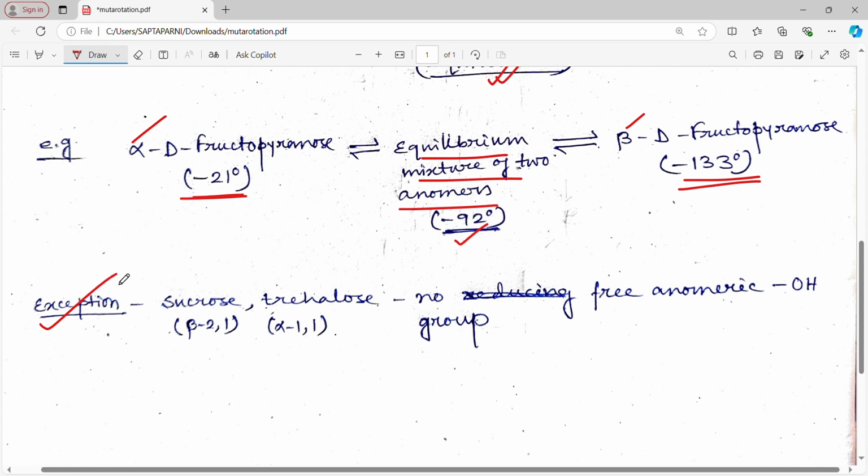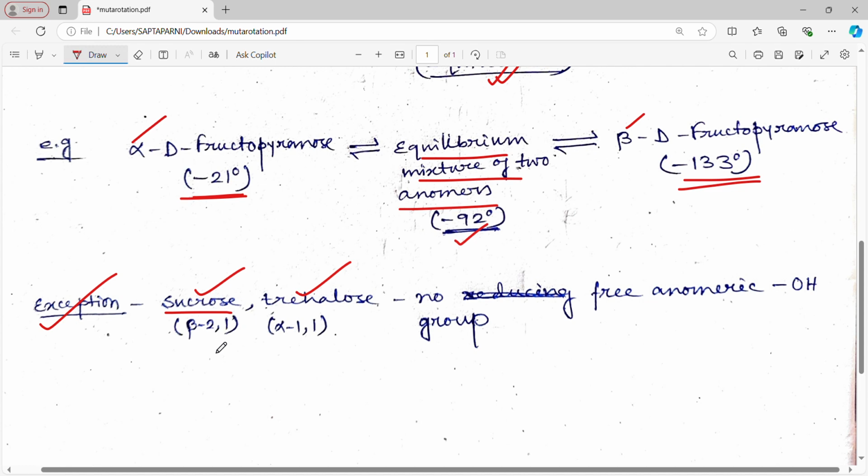Now, there are also some exceptions. For example, sucrose and trehalose do not show any kind of mutarotation. Why? Because as we have seen, the presence of the anomeric carbon and its free hydroxyl group is very important for mutarotation. But sucrose is made up of one moiety of glucose and one moiety of fructose.